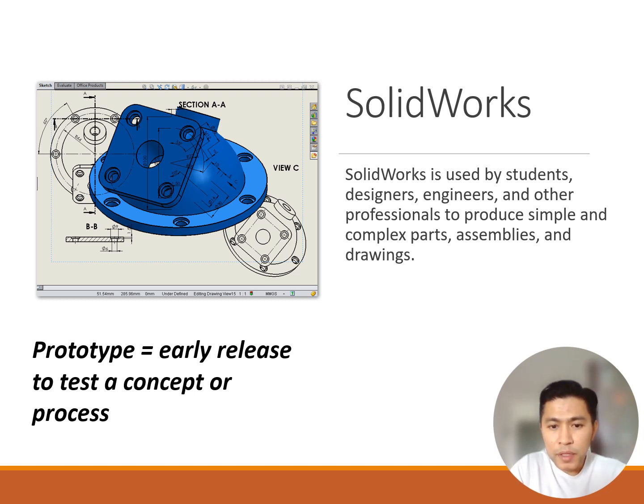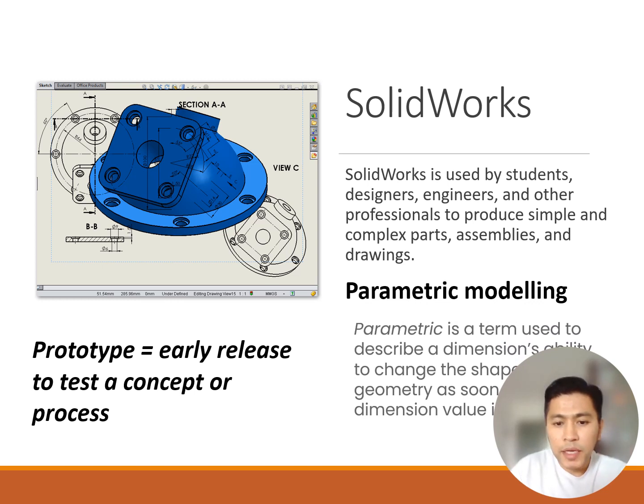We also have a term that we call parametric modeling. Parametric modeling uses parameters to define and manipulate a 3D object in computer-aided design. This takes advantage of the easy-to-learn Windows graphical user interface, in which the designer can use simple drag and drop and copy paste functionality, the same as we can find in Windows.